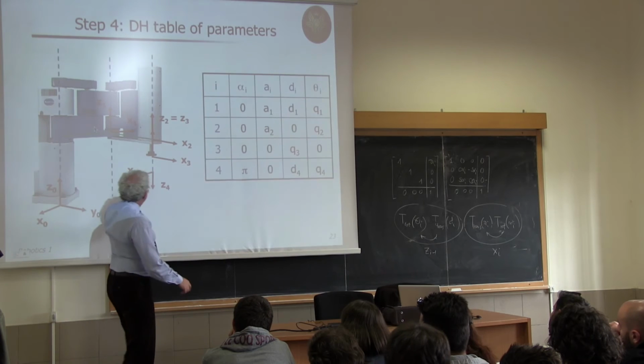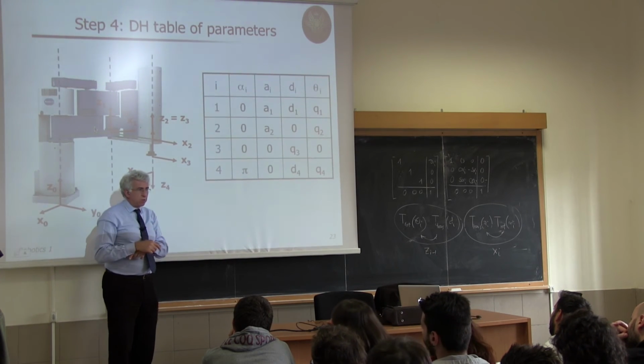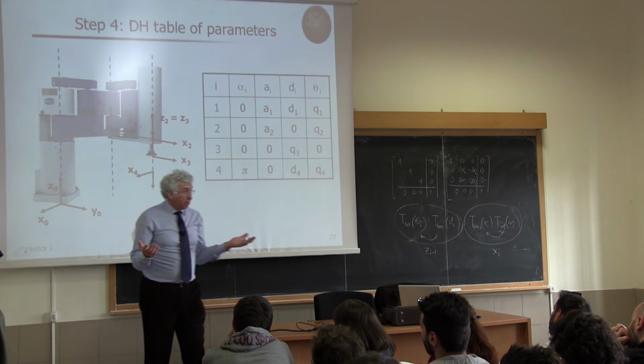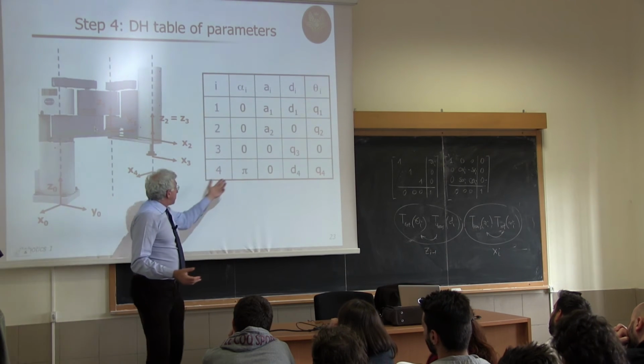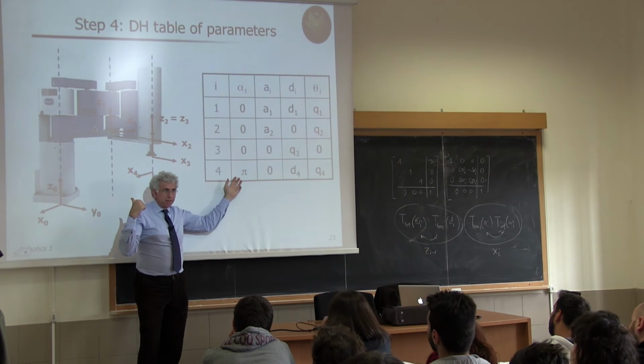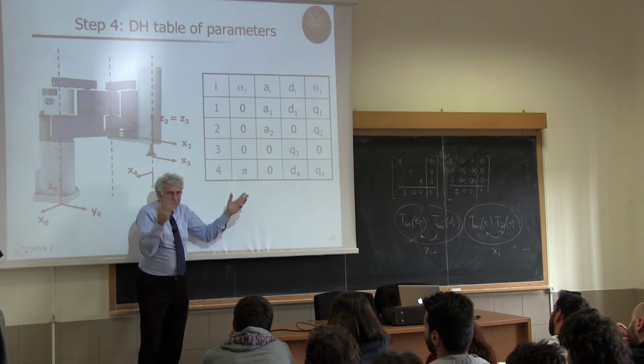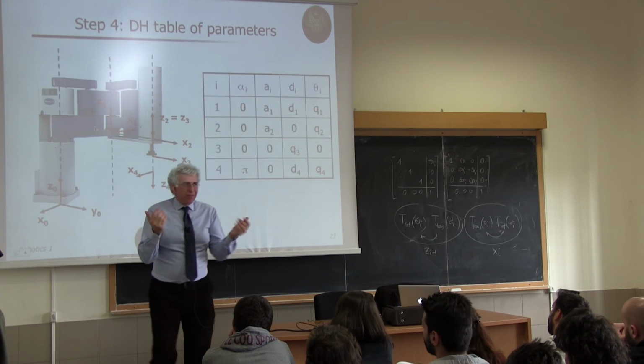Well, it depends on whether I look from x4 and it has rotated clockwise or counterclockwise. But the result is exactly the same. In fact, you can place plus pi or minus pi, you obtain exactly the same matrix. So it's usually better to put plus in this case, but this is just for the matter of eliminating a sign.